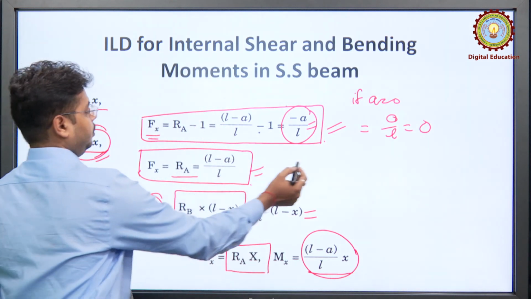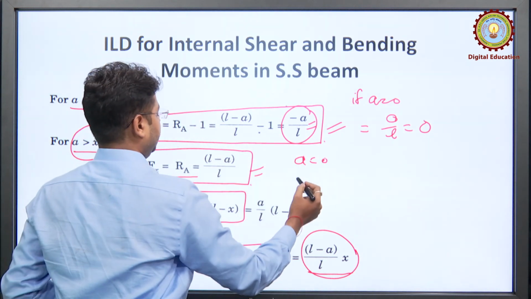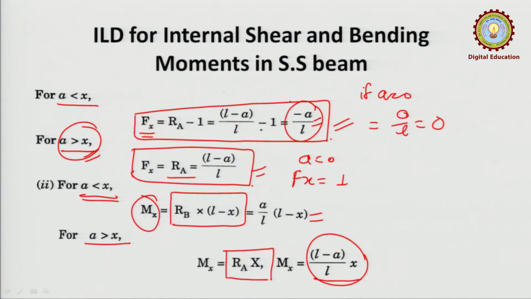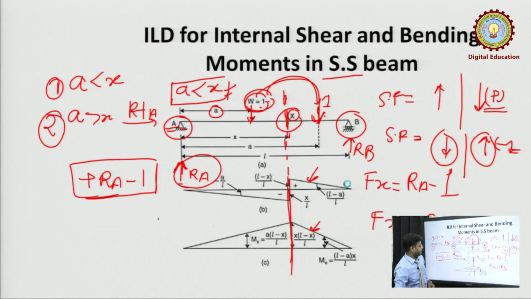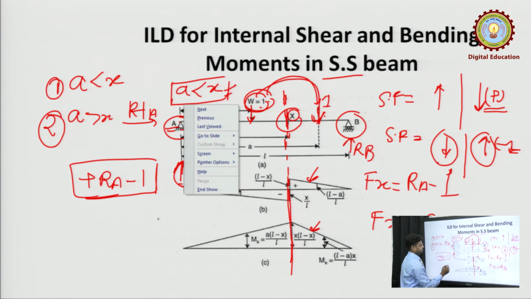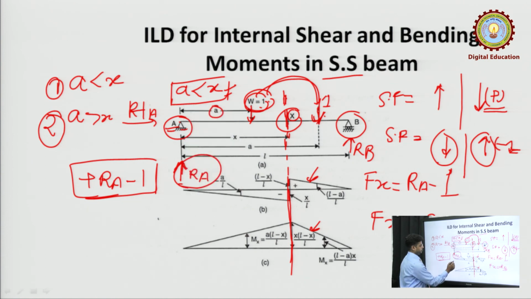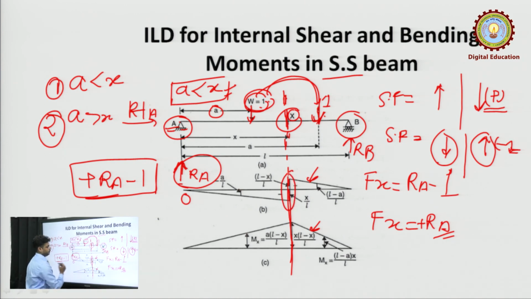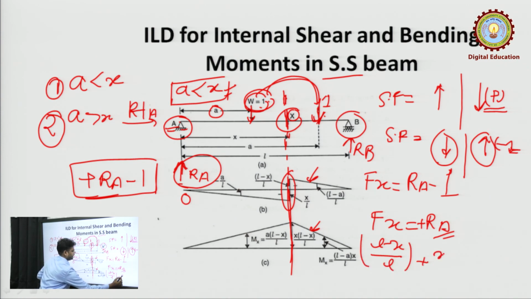Similarly, put the value a equal to 0, then shear force equal to unity. Here the 0 value comes. This is the 0, and this ordinate is (L minus x) upon L plus x by L. This will come unity.